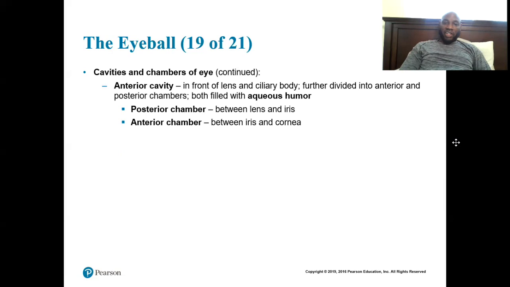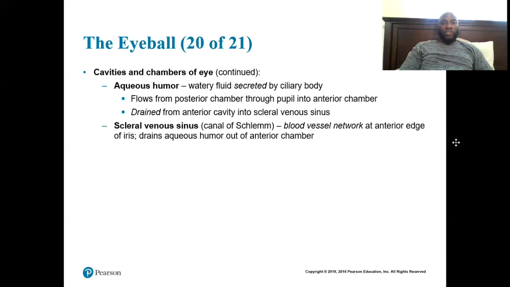Then you have the anterior cavity, which is in front of the lens, towards the front, and the ciliary body, which is divided into anterior and posterior chambers, both filled with the aqueous humor. Aqueous humor is a watery fluid secreted by the ciliary body.